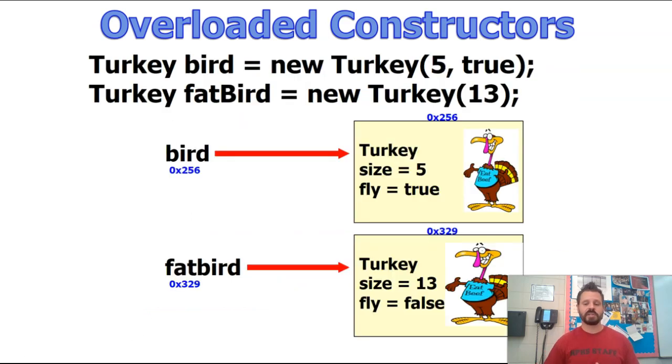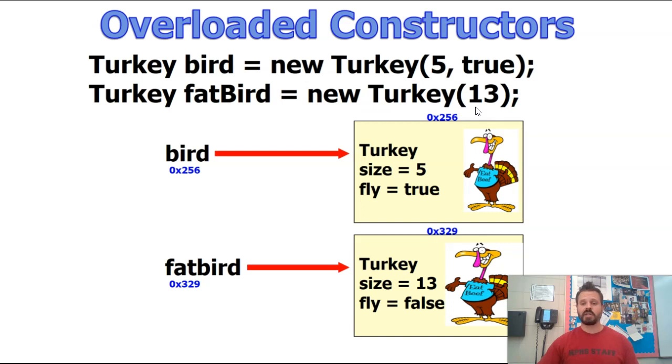So let's take a look at another example of creating some turkey objects. So same line of code we've seen before, Turkey bird equals new Turkey(5, true). That's going to create a Turkey object with a reference variable of bird and set the size to 5 and that it can fly equal to true. And then the next line, when I call my single argument constructor, Turkey fatBird equals new Turkey object with just a 13 passed in.